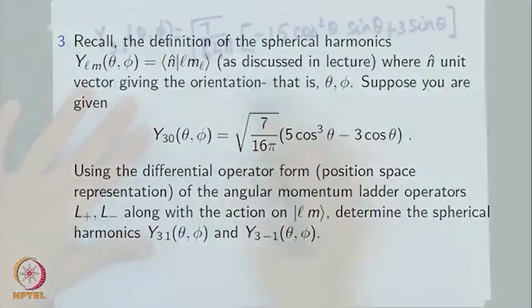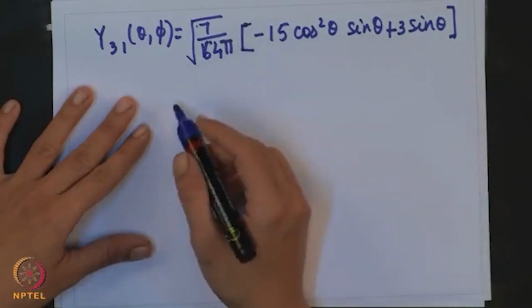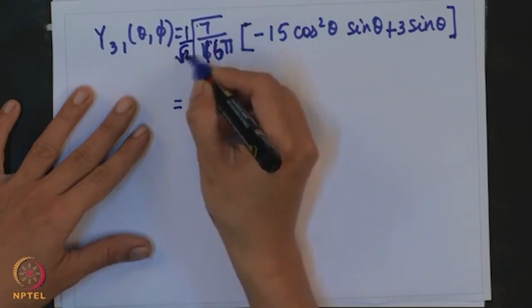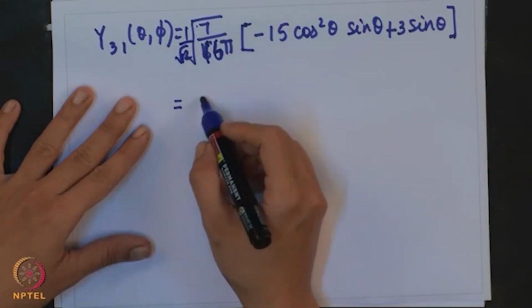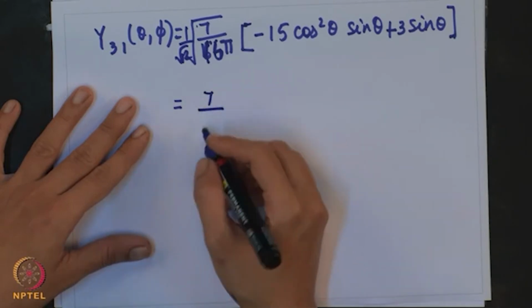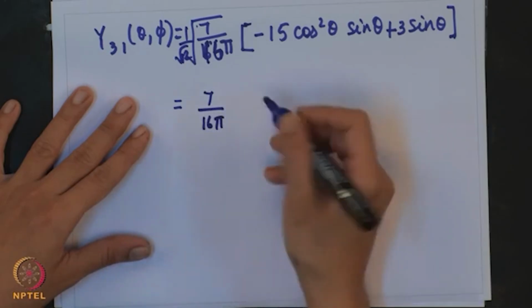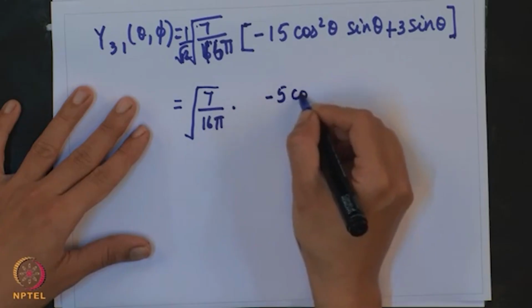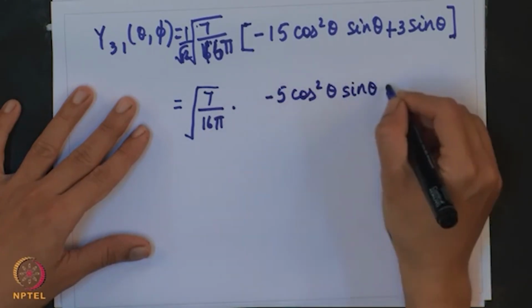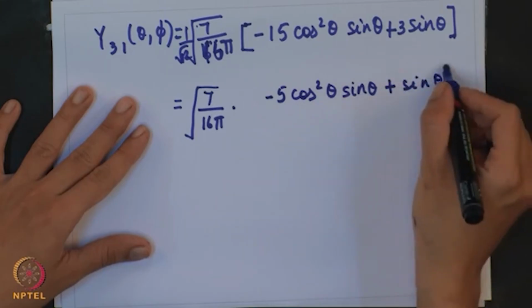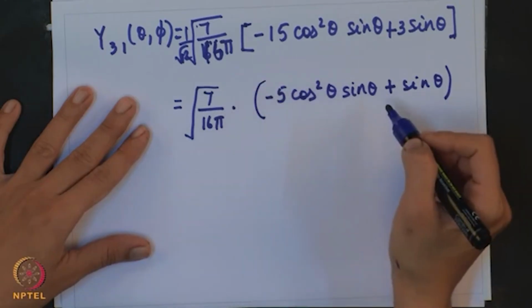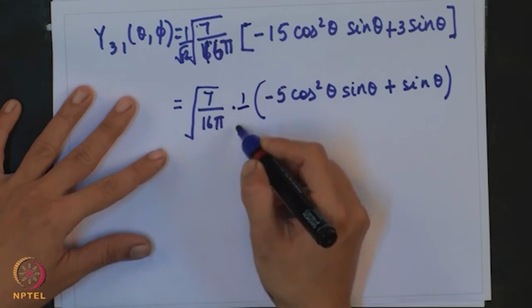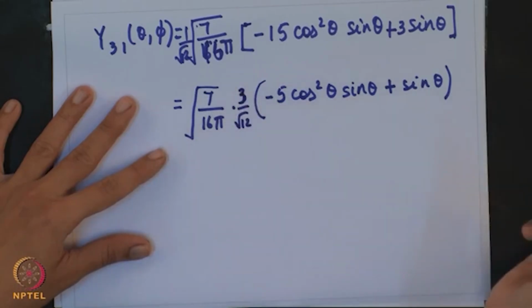I have taken 3 out, and I can take sin theta outside as well, with 1 by root 12.